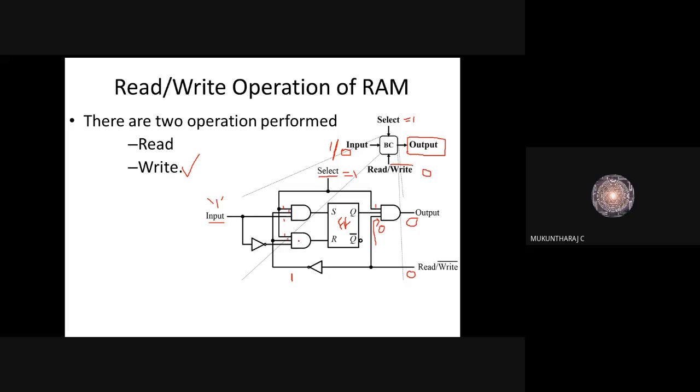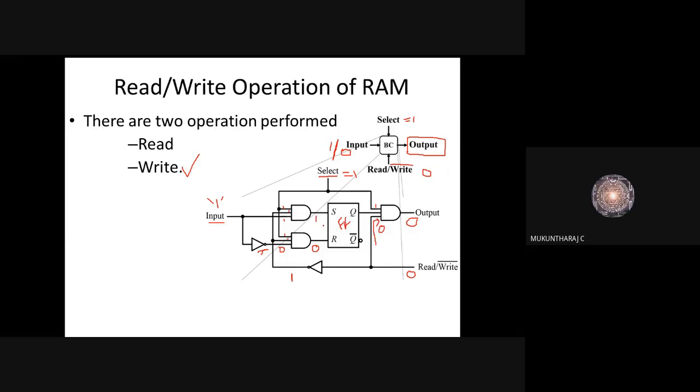But for this AND gate, the input is inverted, so we are using one NOT gate here. This NOT gate produces logic 0. So one of the inputs for this AND gate is 0, so definitely the output is 0. But this AND gate produces logic 1.